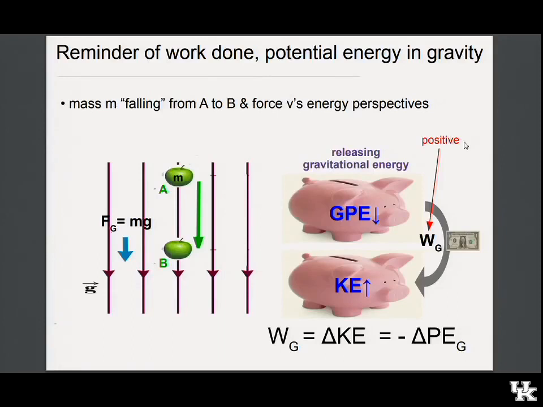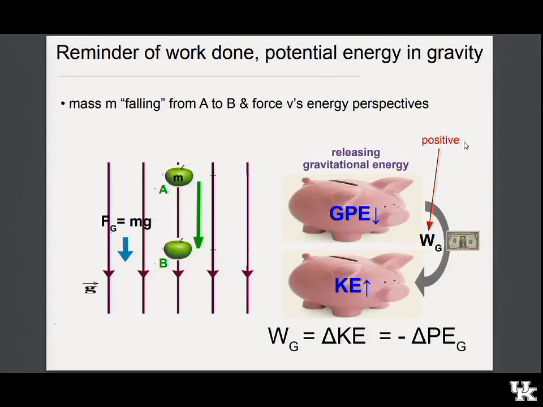If I think of the apple from the energy perspective, then that apple's fall corresponds to releasing gravitational energy, gravitational potential energy, and increasing kinetic energy, energy associated with the motion.